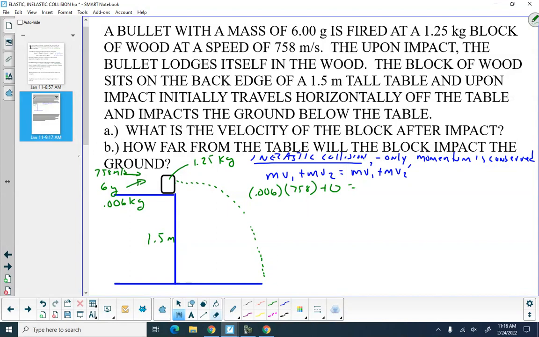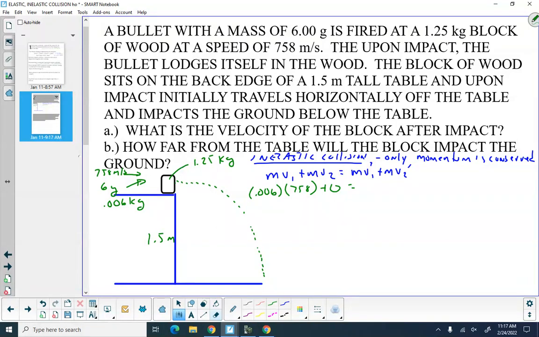But if I look at the right-hand side of the equal sign, what can we do now with respect to our masses? One mass is going and sticking into the block, and they're both falling to the ground. Add them together.